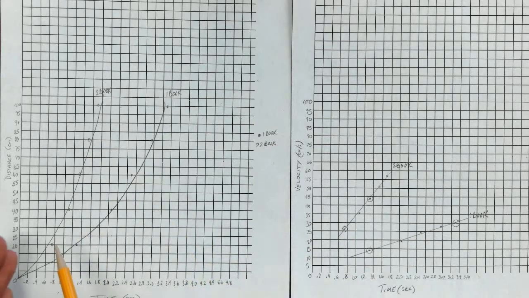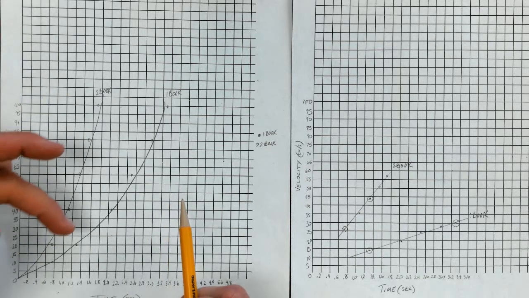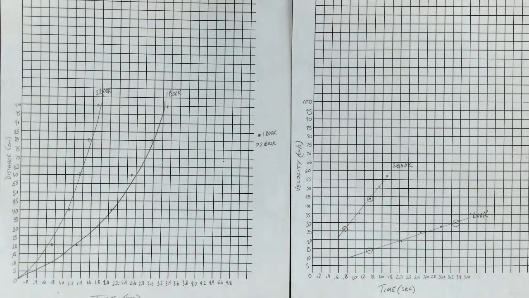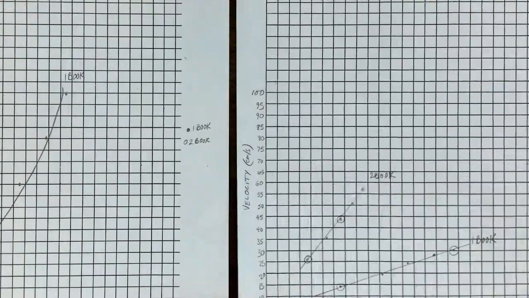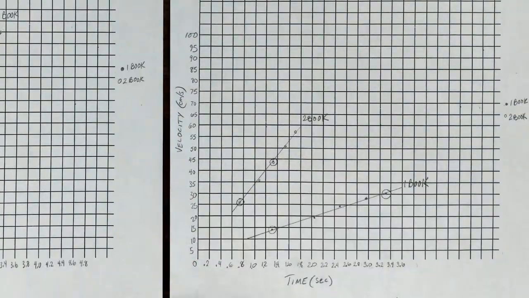So this one is reaching that distance faster. You can see that it's accelerating at a faster rate. Over here, you can tell the acceleration by the steepness of the slope. The steeper the slope, the greater the acceleration, which should match up with what our other graph says.